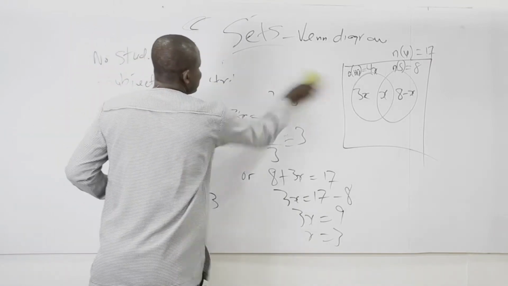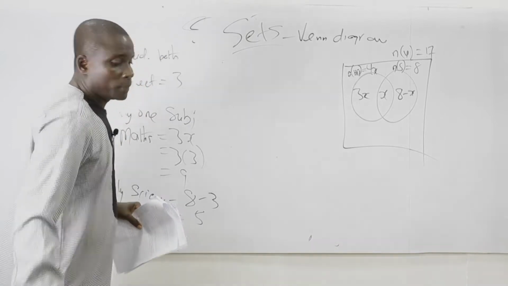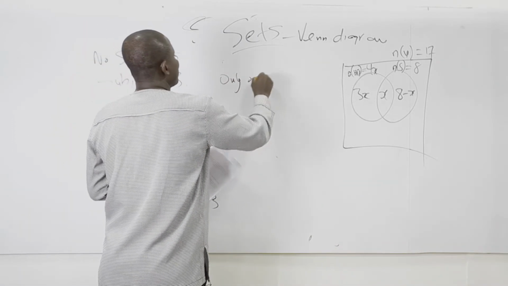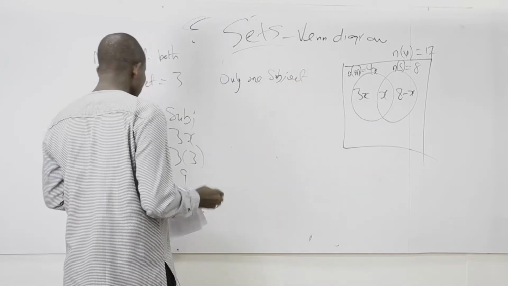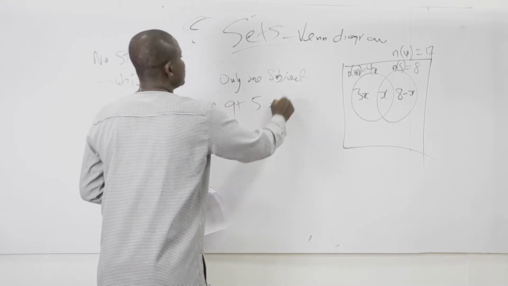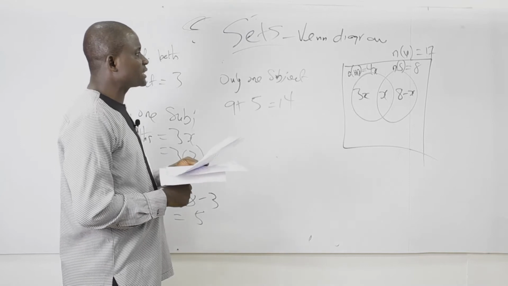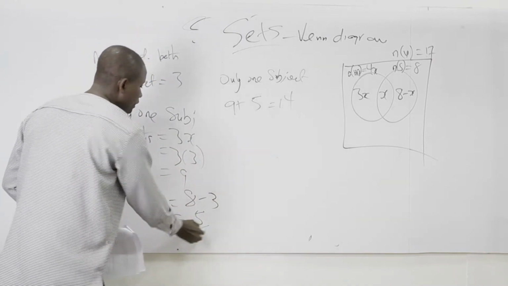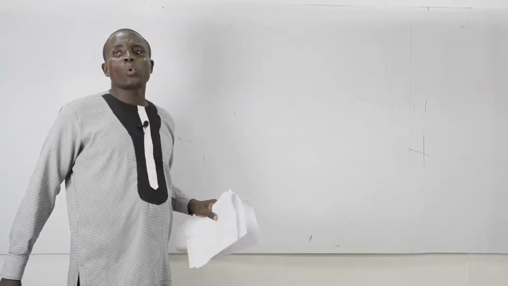So now that you've gotten this, we can say that only one subject is 9 plus 5. That is equal to 14. Then only science. The only science we have even calculated already, which is equal to 5.